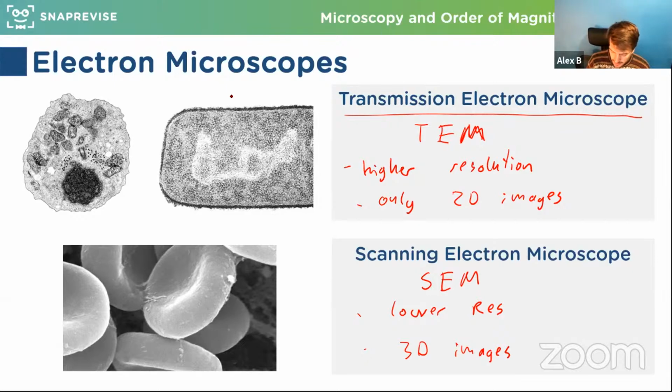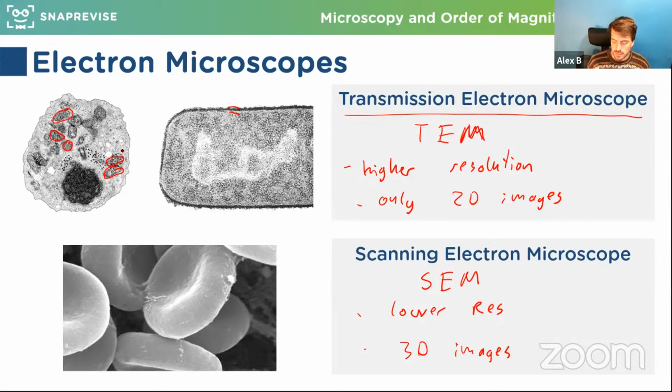Like in this image, you can see the cell wall clearly. This is a prokaryotic cell. So you can see the cell wall and you can see all this. It's got to be an electron microscope. We wouldn't see that much detail with a light microscope. This would just be blurry. And in this animal cell here, we can see all these mitochondria. You basically can't see any organelles with a light microscope.